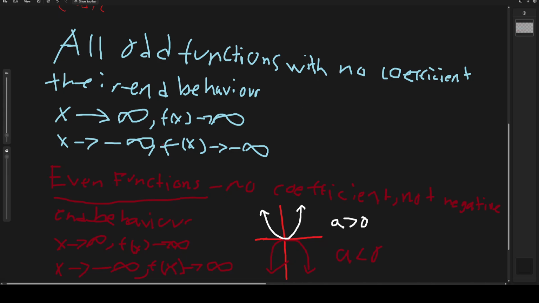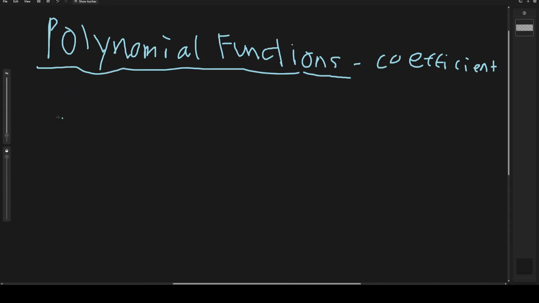So now, after I explained all of that, I just want to show you something. Let's say we're given a polynomial function, right? y equals negative 9x to the power of 7 plus 8x to the power of 4 minus 3x plus 8.